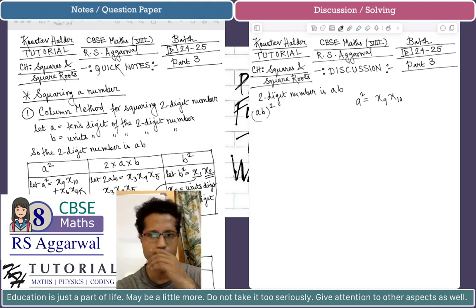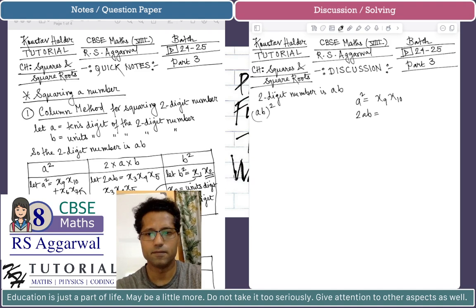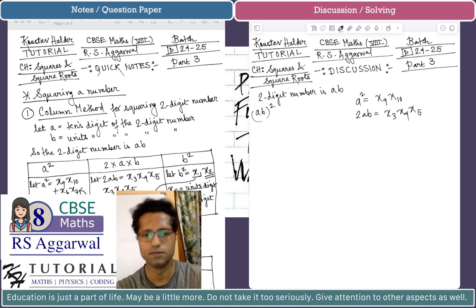Definitely x9 is not 0, and x9 and x10 are among the 10 digits. And twice of AB, whatever that value is, let that value be represented as x3, x4 and x5, where x3, x4, x5 are also digits, one of the 10 digits.